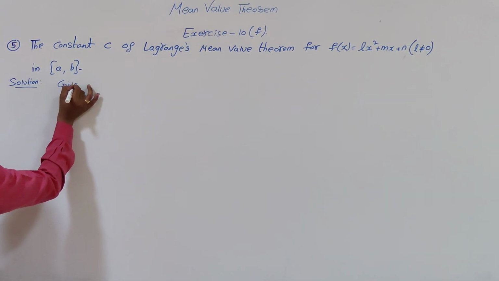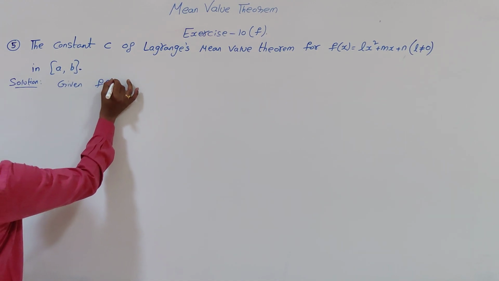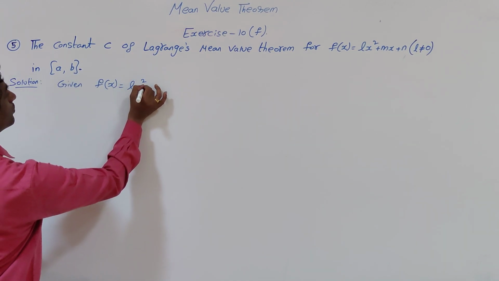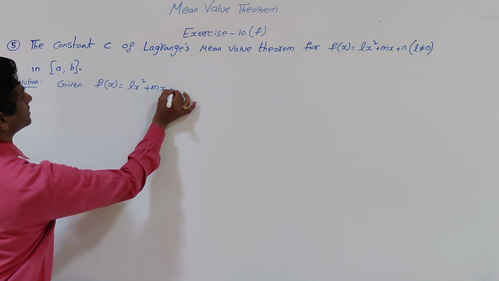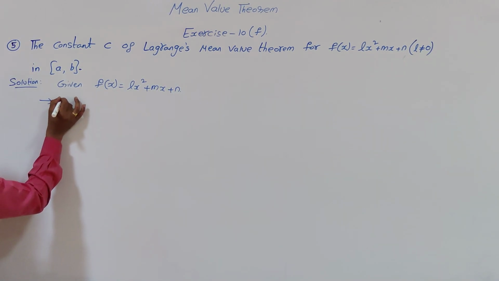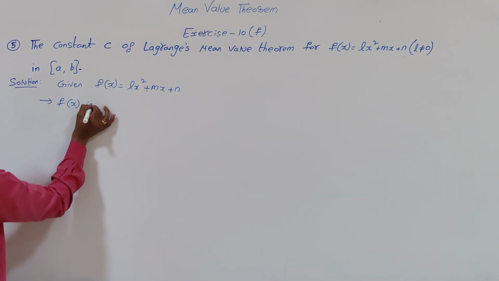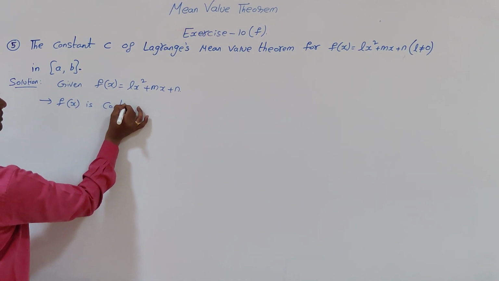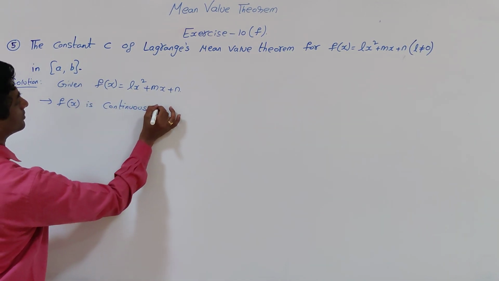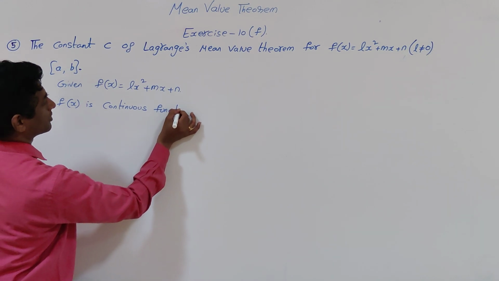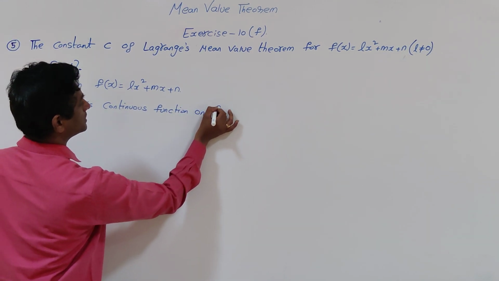Given f of x is equal to Lx square plus mx plus n. First, f of x is a continuous function on closed interval a comma b.